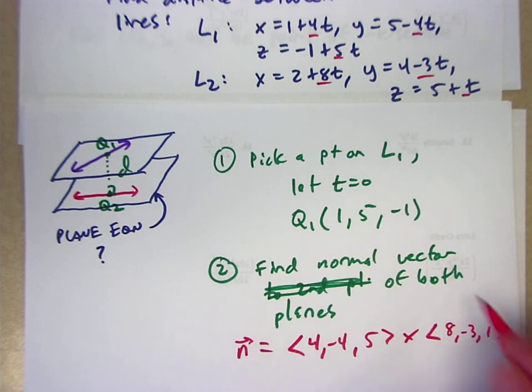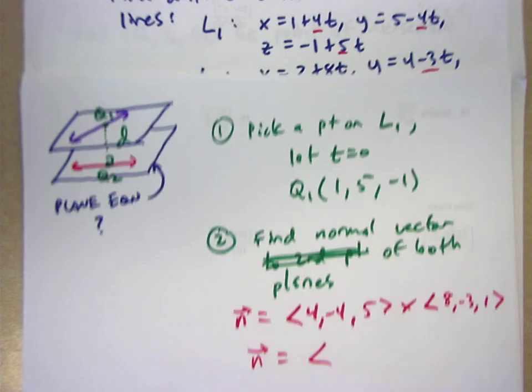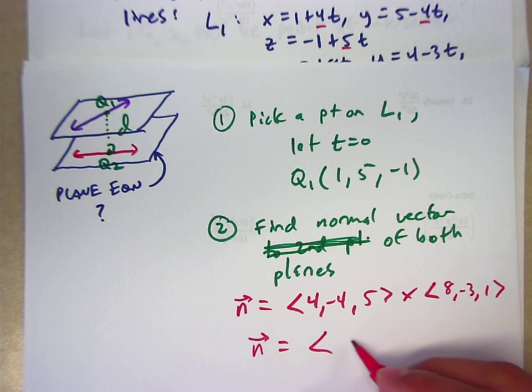All right, and so now if you do that, in the interest of time, you guys hopefully are pretty competent with finding cross products. You should get (11, 36, 20).